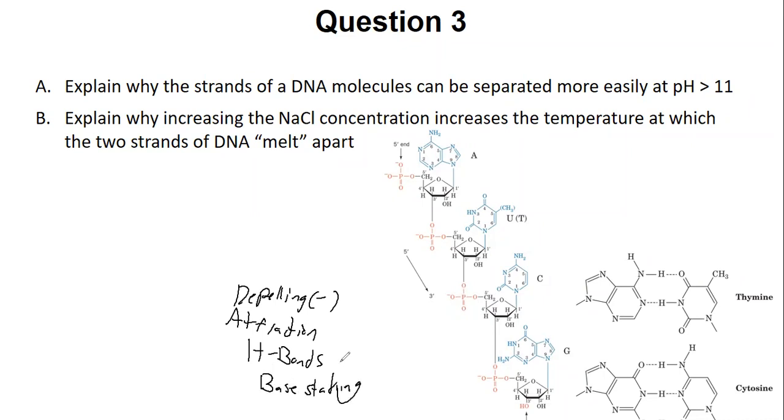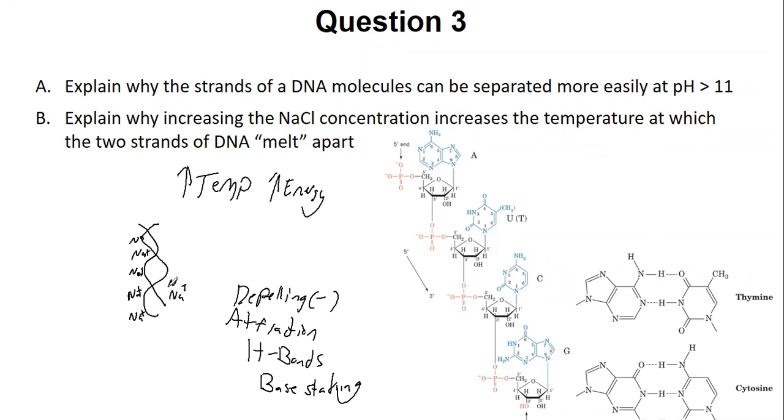And temperature is a measure of energy. So the higher the temperature, the more energy you have. So what salt does is, let me draw my DNA again, the salt is going to interact with all the negative charge. So when you add salt, and actually the DNA inside your body is just covered with ions, it's covered with magnesium.